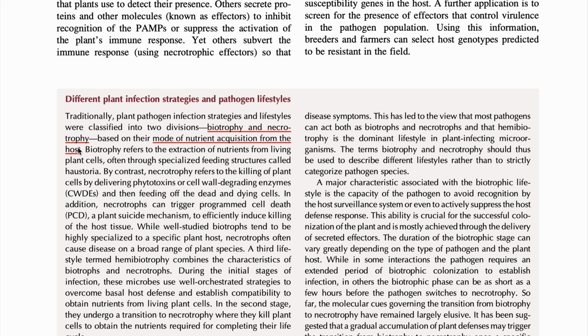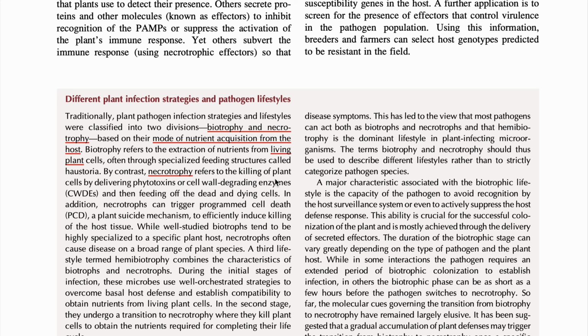So what is biotrophy referring to? It refers to the extraction of nutrients from living plant cells. Just remember this point. Biotrophy means they extract nutrients from living plant cells, whereas necrotrophy, what they do is kill the plant cells.